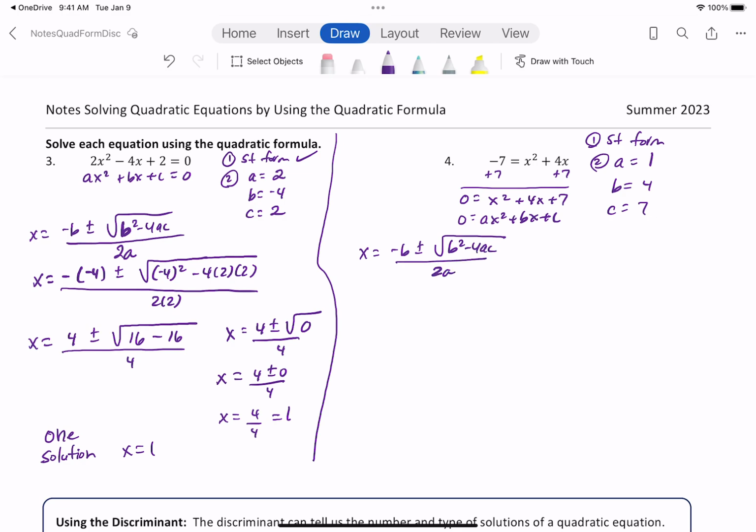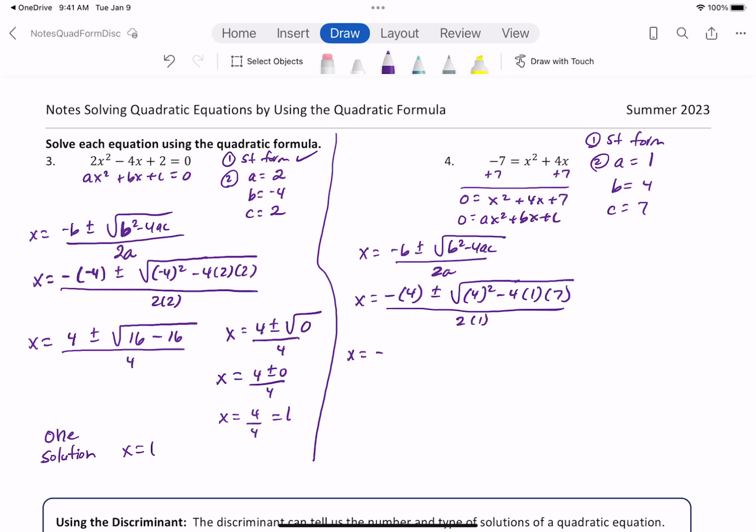So if we start plugging our values in, it's negative times B, in this case a positive 4. We're going to square B minus 4 times A, which is 1, times C, which is 7, over 2 times A, which is 1.